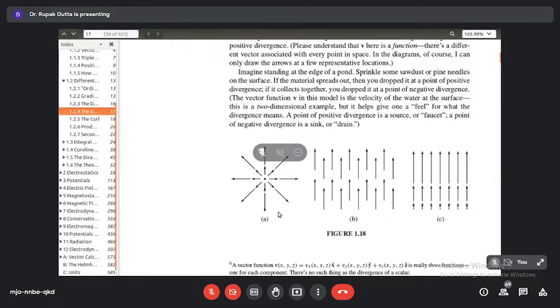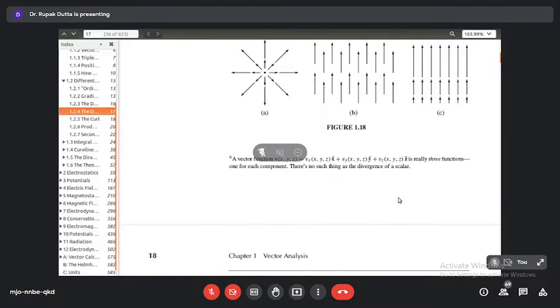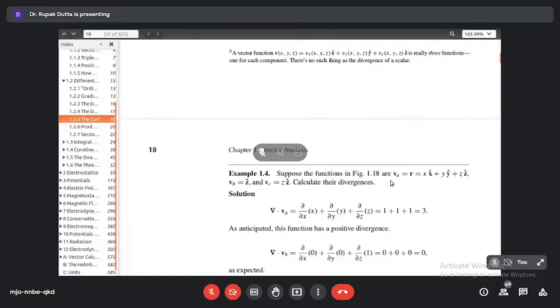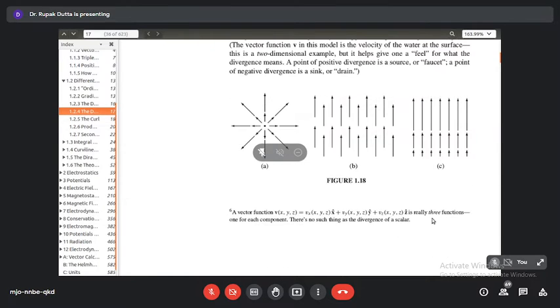Because if all the vectors are coming in, then instead of r it will be minus r, and then del dot VA will be minus 3. Understood?